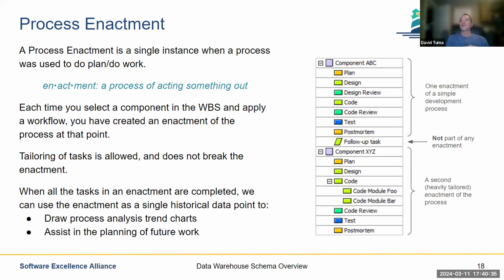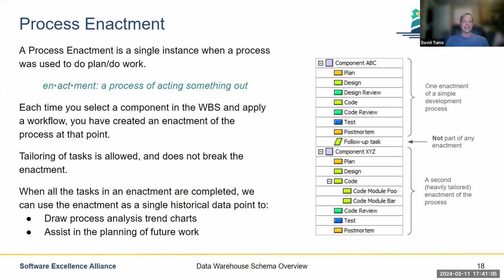Well, that's great when you're in this nicely structured class where you've got 10 things that all happen in a row. But when you step out into real life and you've got these project WBSs with this big sprawling hierarchical structure, then a person like me who writes tools says, well, where are the data points? Where do I look into this big hierarchical thing and pick out a data point that I can put on a trend chart? And so the process enactment table is what comes to the rescue here.